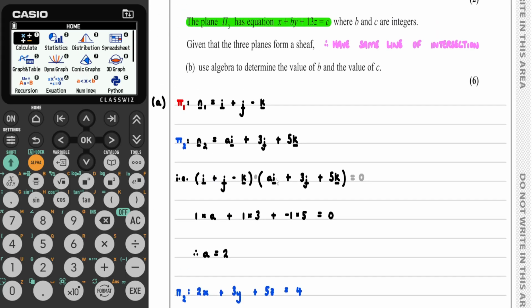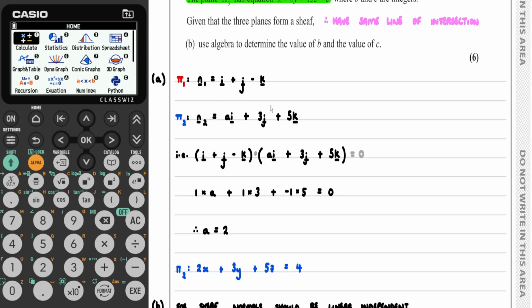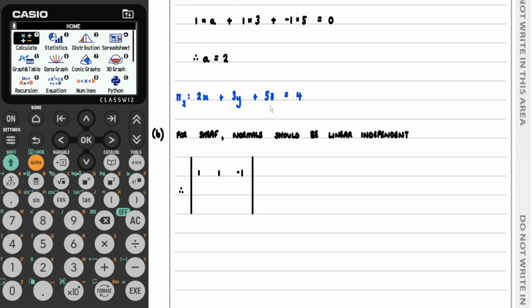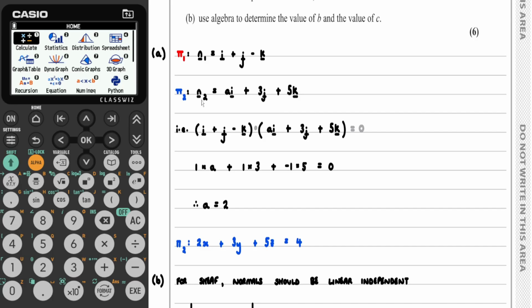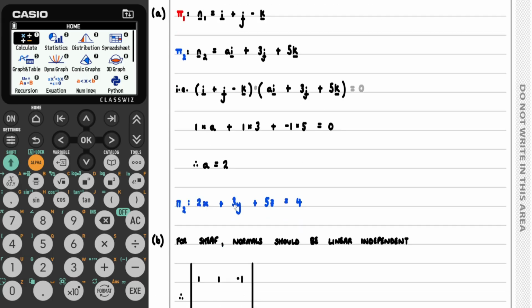So for our first row, we will have the normal n1, which is 1, 1, negative 1. For the next row, we would have 2, 3, 5, but we know what a is, that's 2.